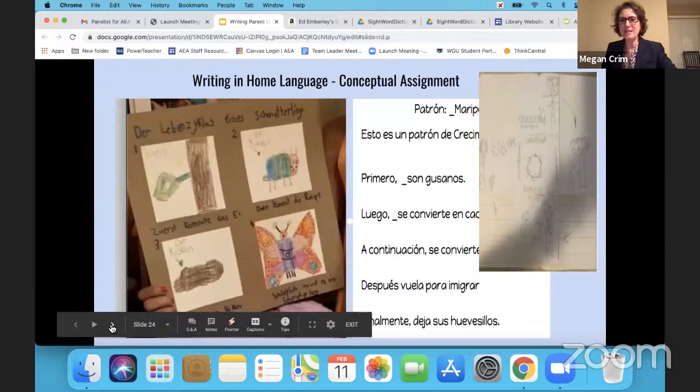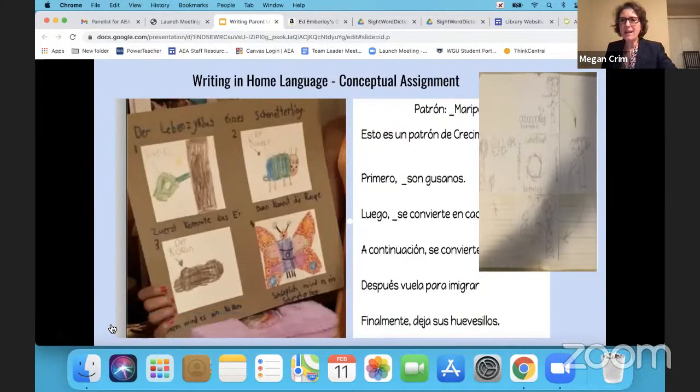So I have this up here because writing in school has different purposes. Sometimes you're asked to write a sentence with a spelling word, or one sentence about the character of the story, okay? And sometimes you're asked to write a how-to. But in first grade, we do these learning experiences, and the learning experience is conceptually based.